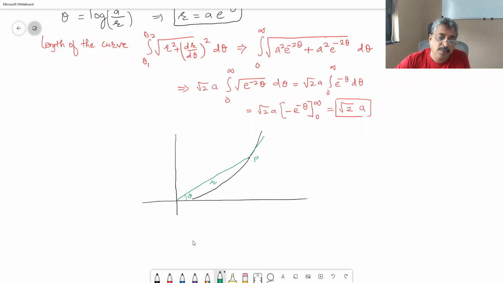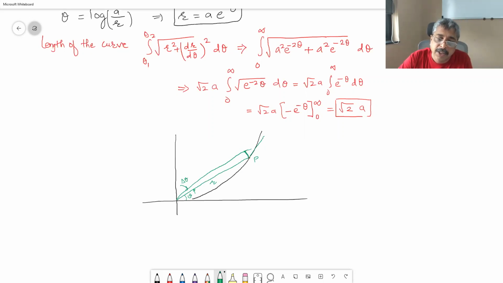After some time, you move by delta theta. This is delta theta. And if you keep r the same, then it is going to be an arc. Why am I doing it like that? If our delta theta is small and r is the same, then this is going to be an arc.